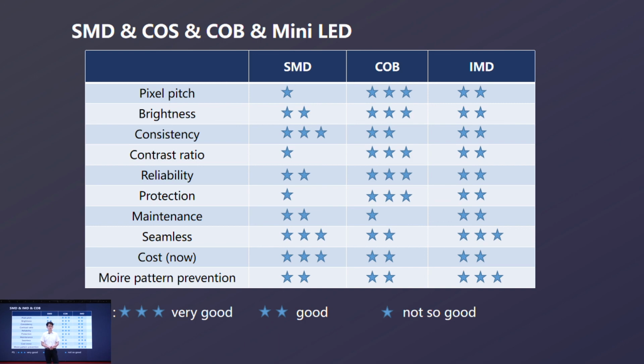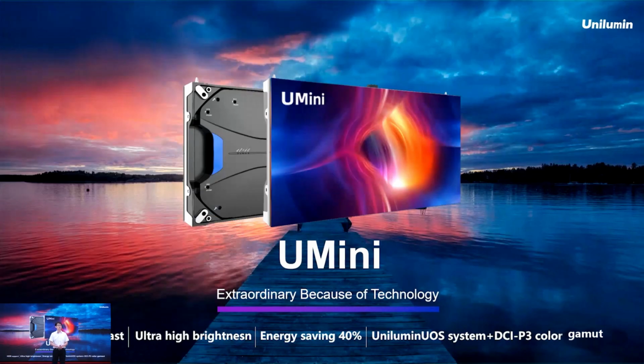The last, COB, is totally different from the conventional technology of SMD and IMD. So it has the best features in some aspects, but of course some shortcomings exist at the current stage.